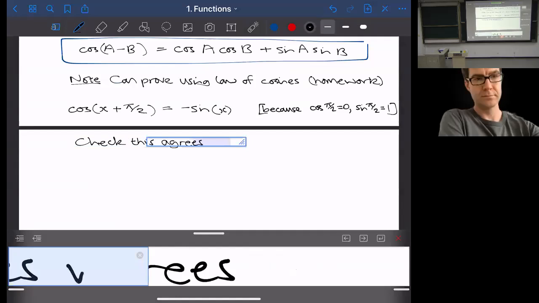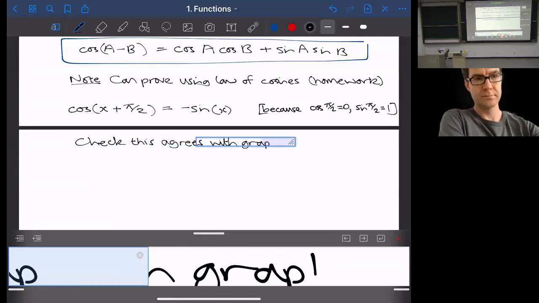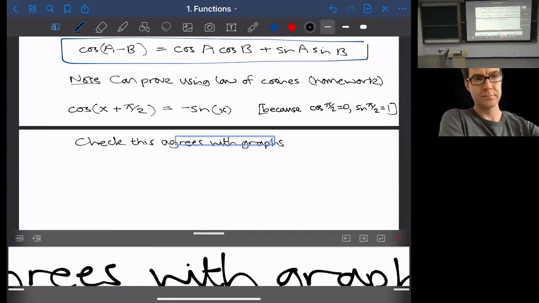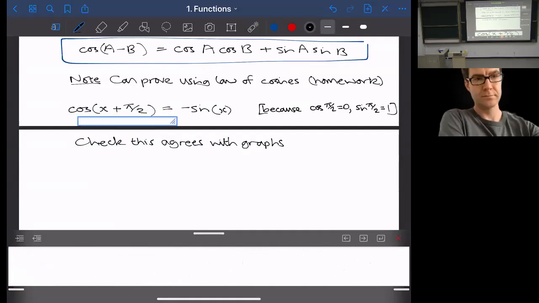Agrees with the graphs and those rules we gave for writing a graph of cos(x + pi/2) from the graph of cos x.